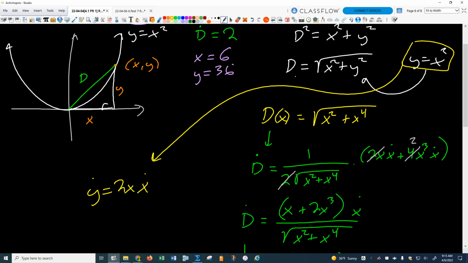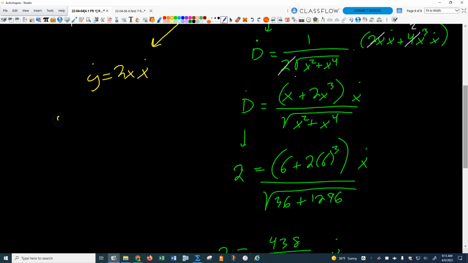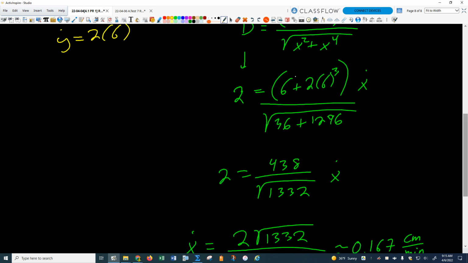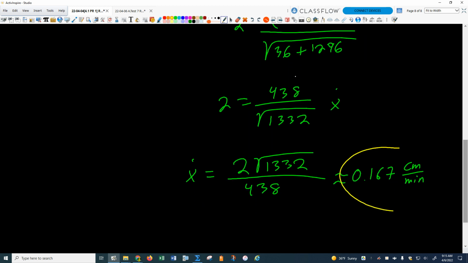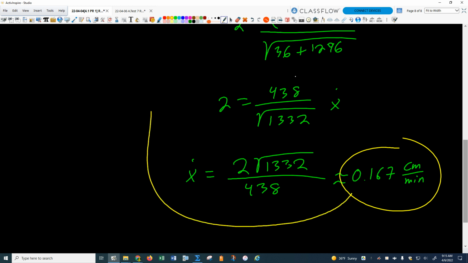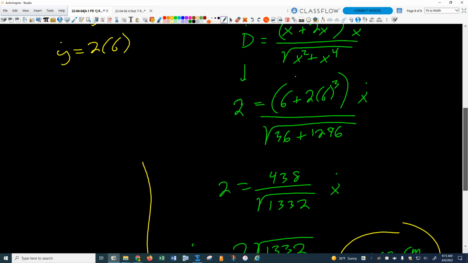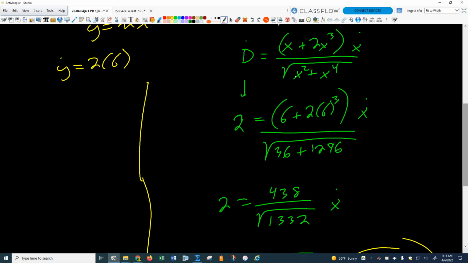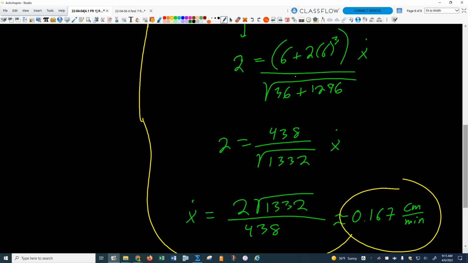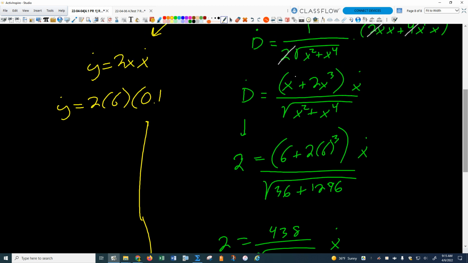And so I could plug those values in, right? So then I get y dot equals 2 times 6 times this weird answer. What was that? 0.167. Okay, so what is that, about 1/6?